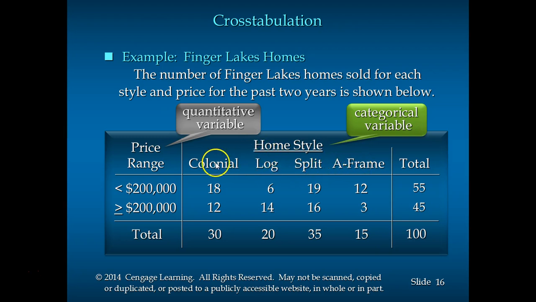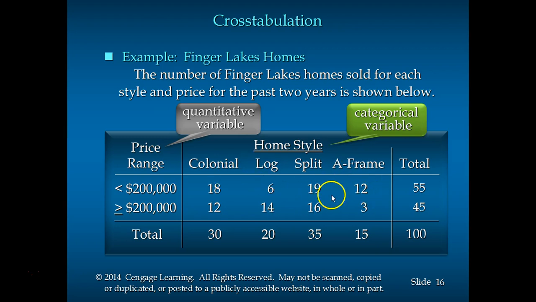And then you can have a combination of the two variables. So that's why this is cross tabulation, because you can have a home that's colonial but cheap, right? Or you can have log that's cheap also.